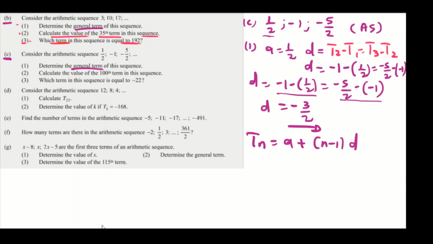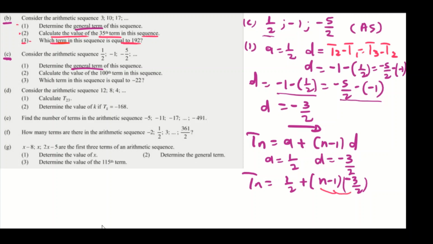Our a value is equal to 1/2, which is the first term. Our d is equal to -3/2. So you substitute that: t subscript n is equal to 1/2 plus (n minus 1) multiplied by -3/2. Put it in brackets, and then multiply the -3/2 throughout.